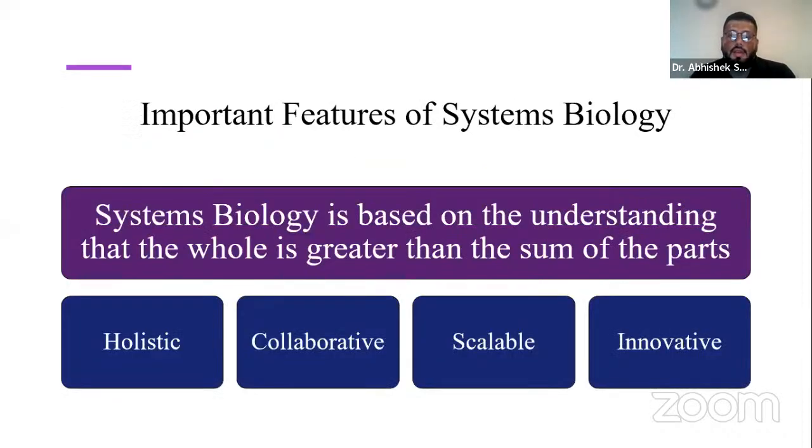Next, the important features of systems biology. It has been responsible for some of the most important developments in the science of human health and environmental sustainability. It is a holistic approach to deciphering the complexity of biological systems, starting from the understanding that the networks that form living organisms are more than the sum of their parts, right?